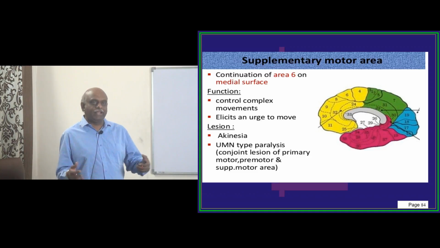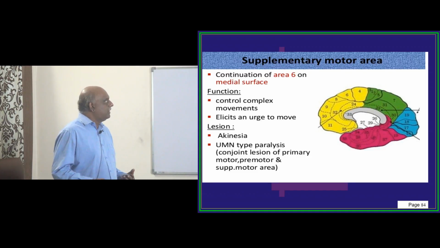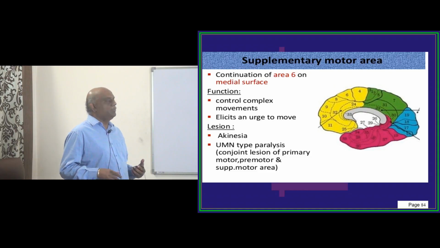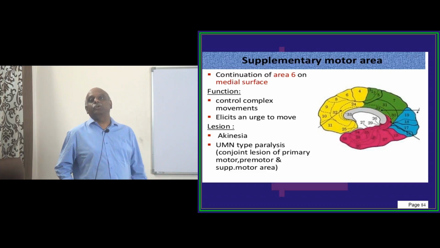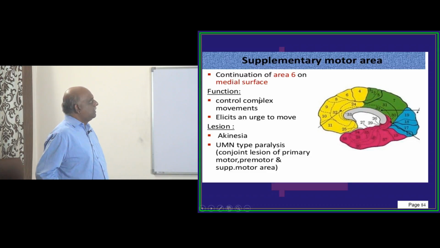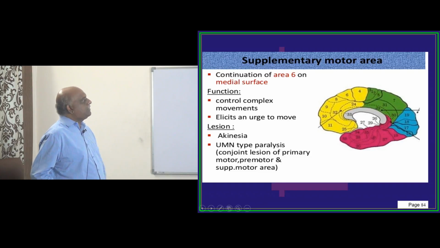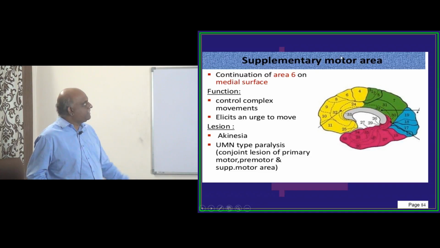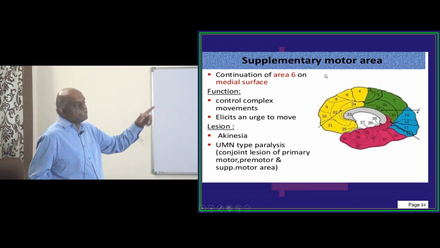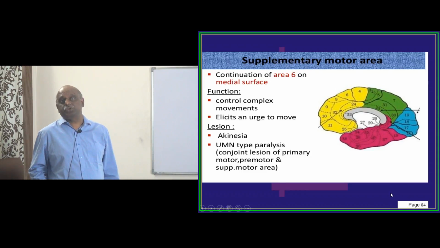We have a bit of urge for movement. So urge to move, controlling the complex movements, that is a function of the supplementary motor area. Akinesia and upper motor neuron type of paralysis happen if something happens to the supplementary motor area on the medial surface of area 6.